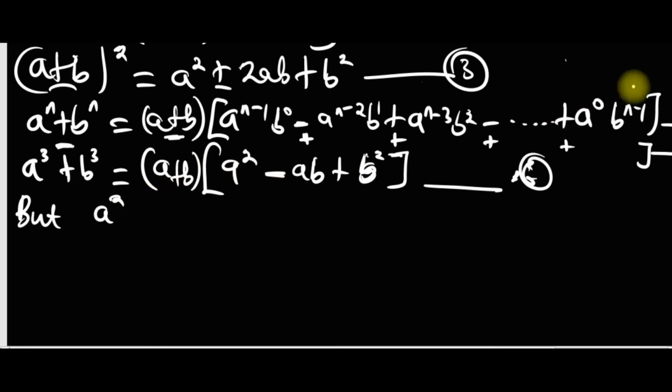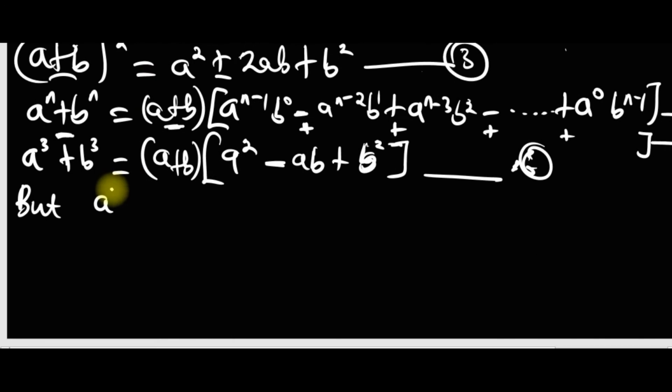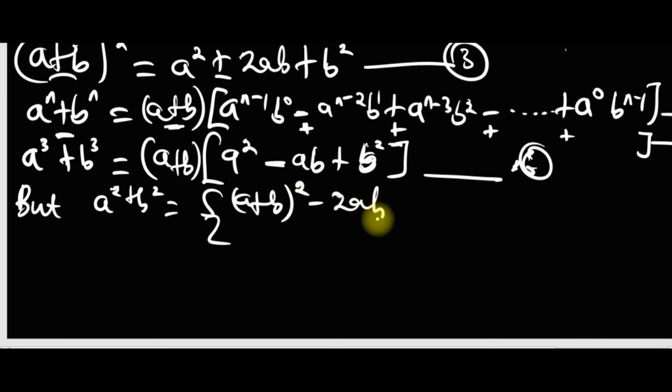But if you remember, I'm using this. So using addition of 2 squares identity, that's a plus b. Remember, I told you it has 2 answers, either a plus b all squared minus 2ab, or a minus b all squared plus 2ab. So I will substitute this with a squared plus b squared.